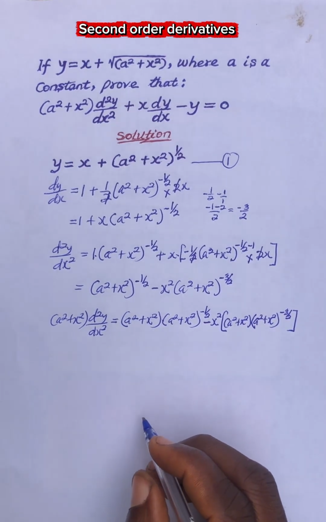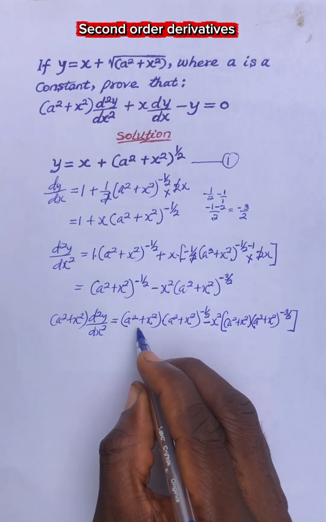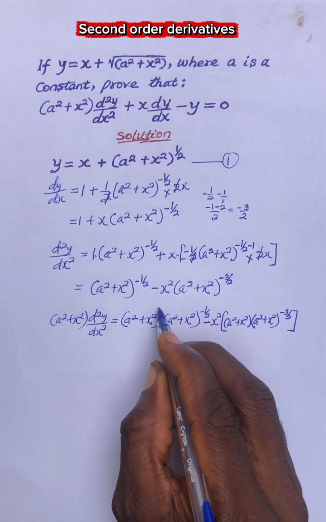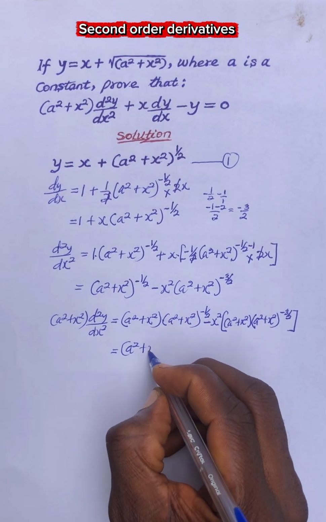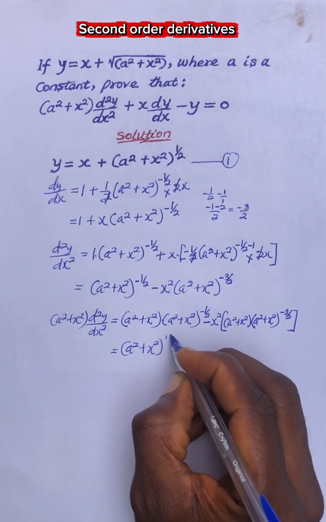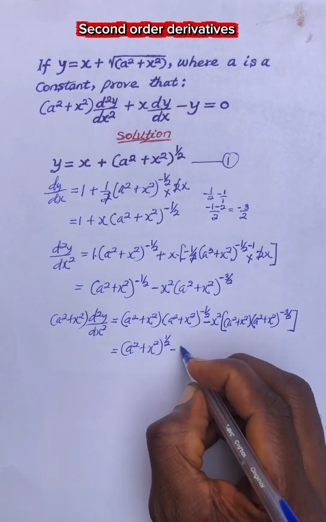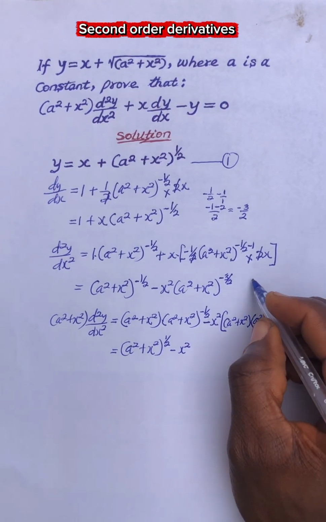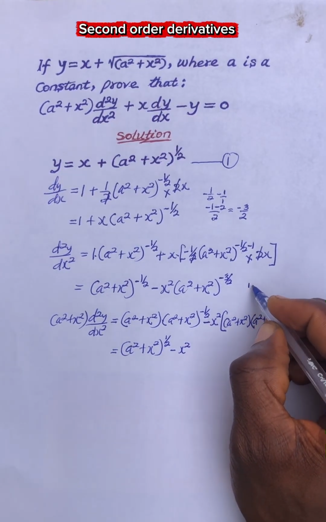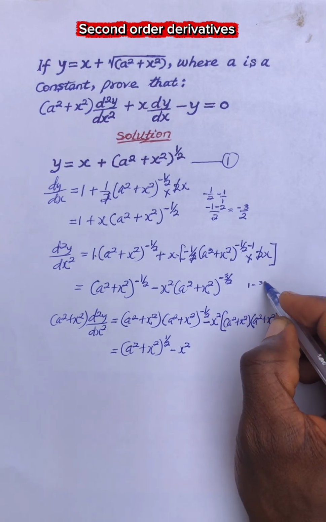Now in that case, since the bases are the same, we add their powers. 1 is here, so 1 minus half, we're going to have (a squared plus x squared) all to power half, then minus x squared. The same thing, 1 is here, so we're going to evaluate 1 minus 3 over 2.